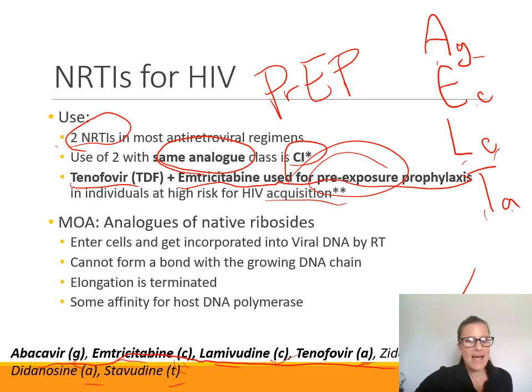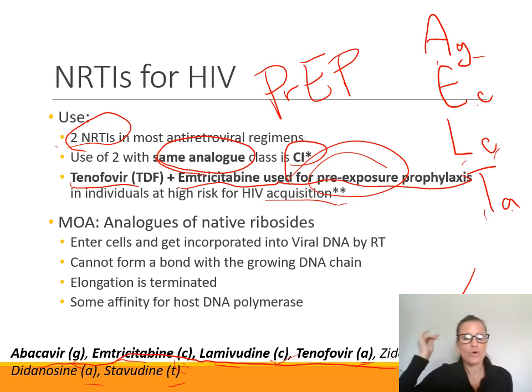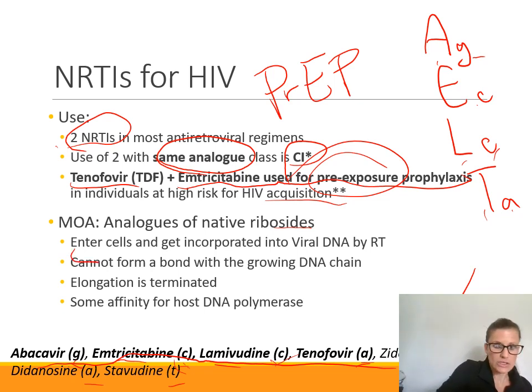Mechanism of action, again, these are analogs of native ribosides. What a riboside is, is just a nucleoside that contains ribose. So ribose, deoxyribose, right? Those are the sugars that are present in DNA and RNA. So a nucleoside that contains ribose is a riboside. So these are analogs of native ribosides, or ribosides that are naturally present in the HIV. These enter into cells, which is kind of key.